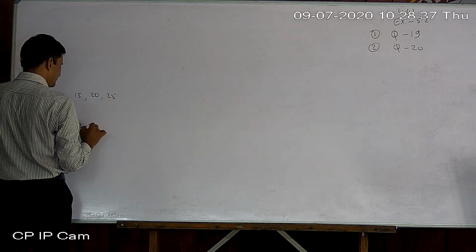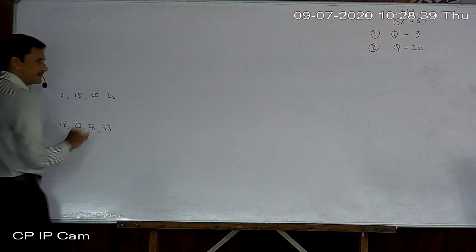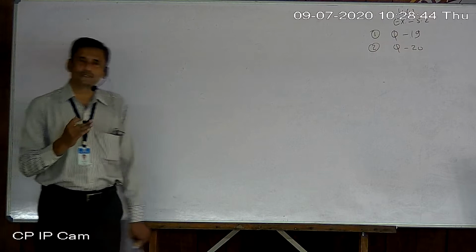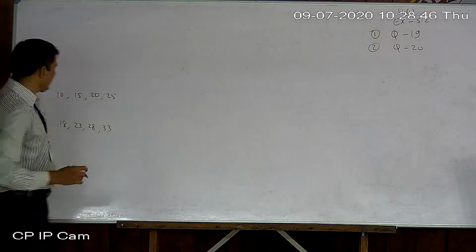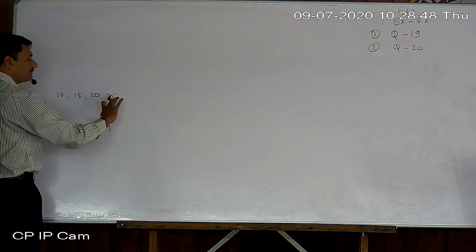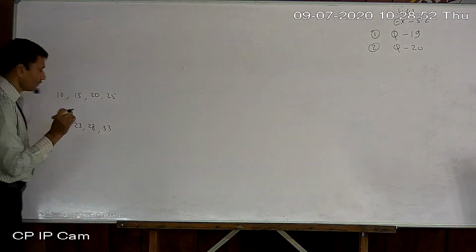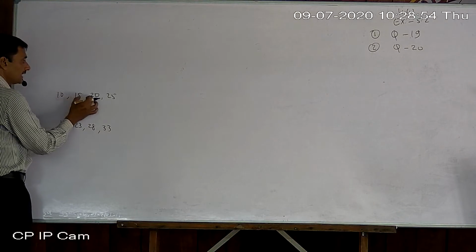Before finding it, let me just give you the answer right now. If two APs have a constant common difference, then for any particular term the difference between them remains constant. I am not talking about the common difference.